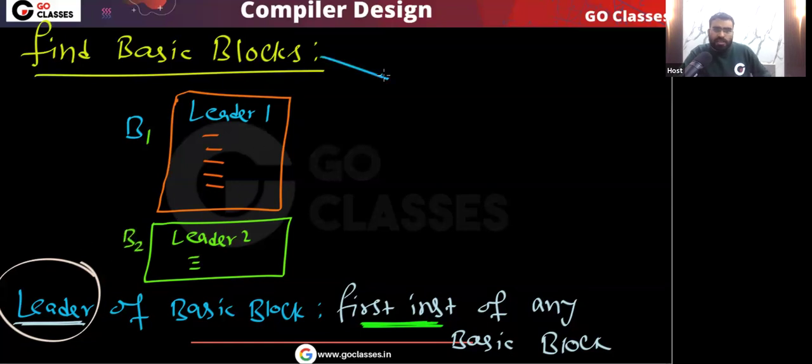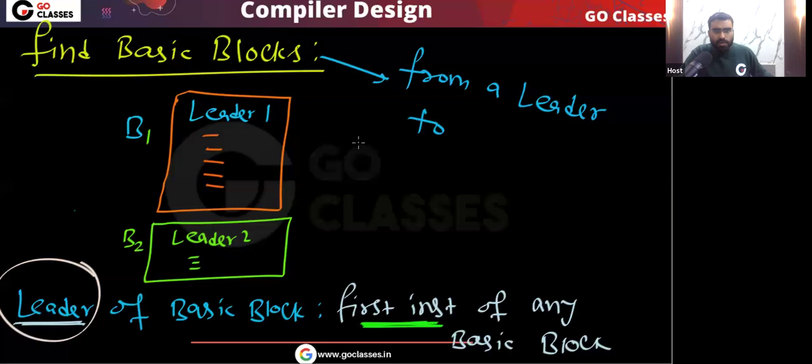So what is the simple rule? From a leader to just before the next leader.